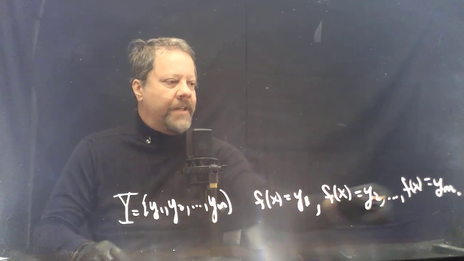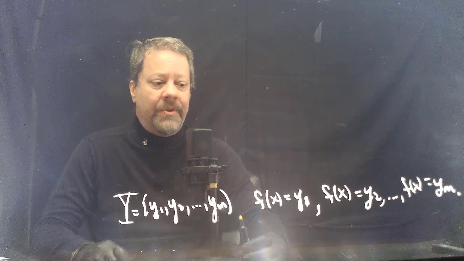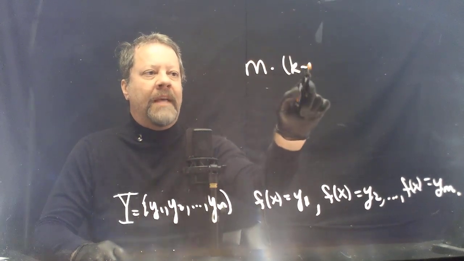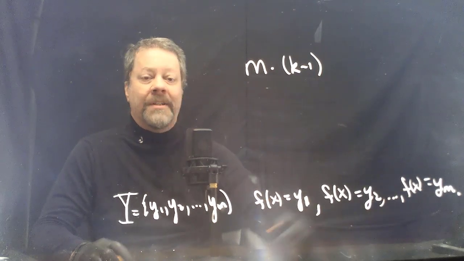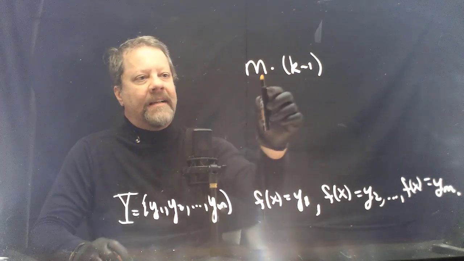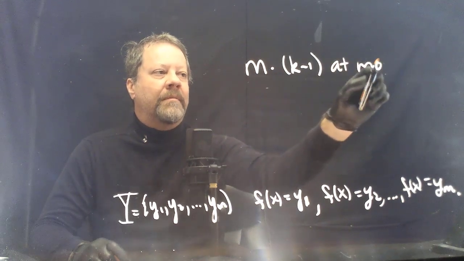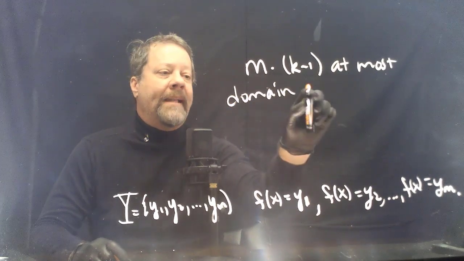So for each of these m outputs, there are k minus 1 inputs. If all of the inputs are different, then there are at most m times k minus 1 domain elements.